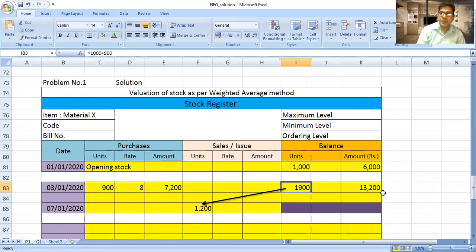Previous value 13,200, and we have to divide by the number of units, 1,900. 13,200 divided by 1,900, then you will get the rate. Everyone take the calculator and find out the value.